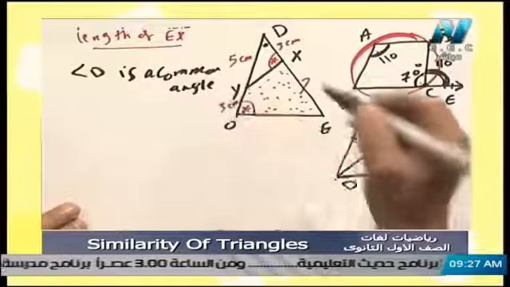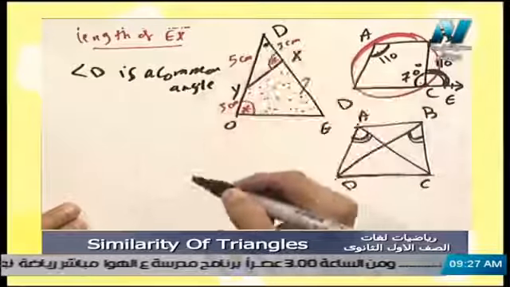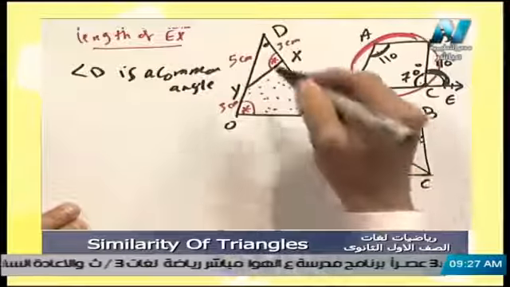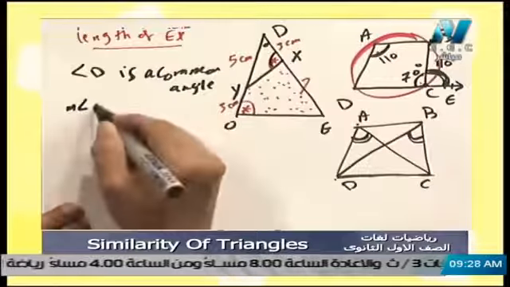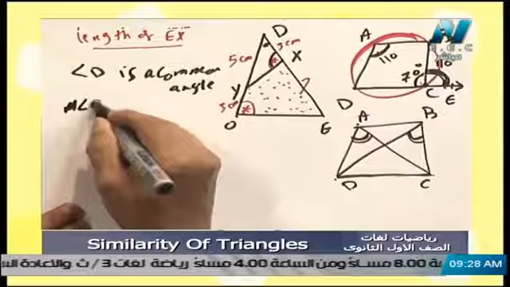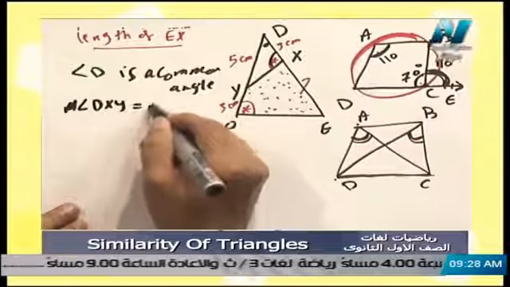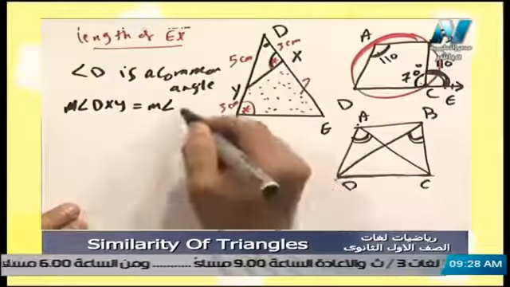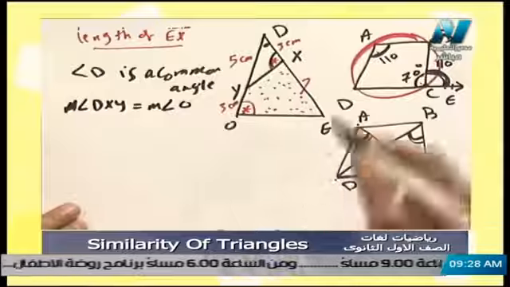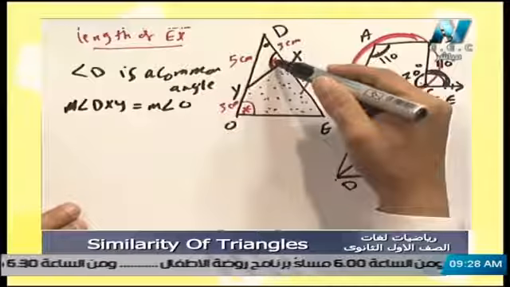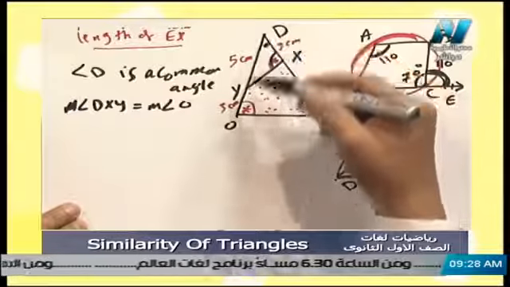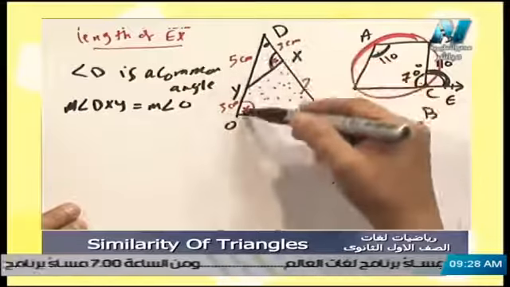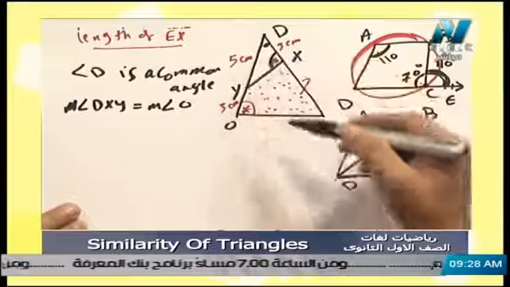That's the first condition. And also we have measure angle DXY equal to measure angle O. So we have two angles in the small triangle equal to two angles in the big one, so the two triangles are similar.